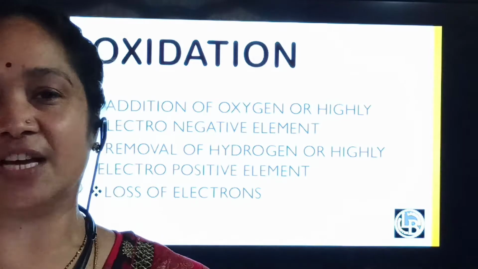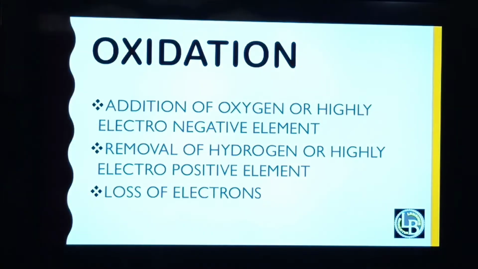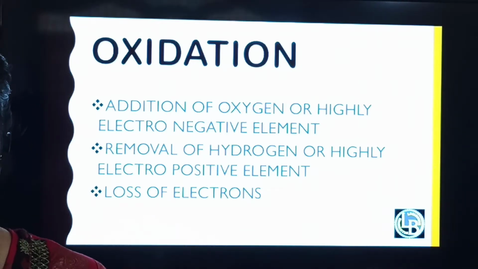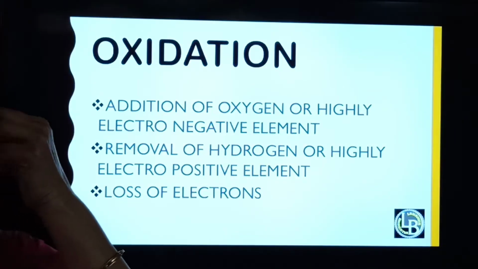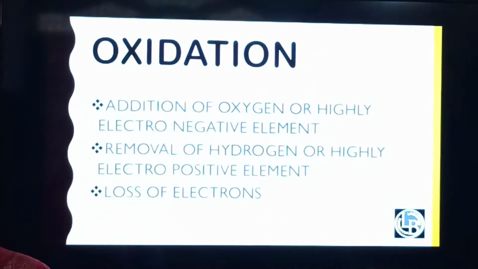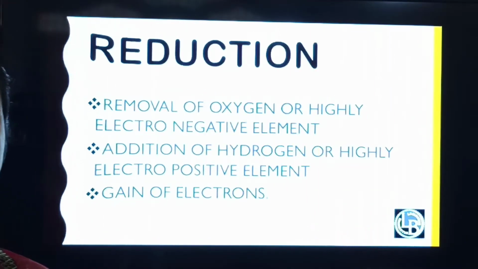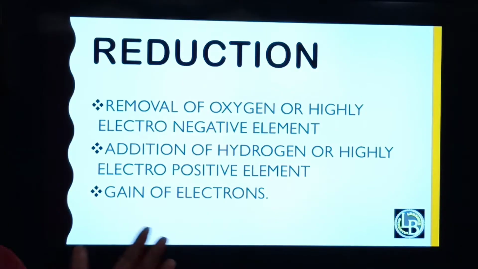Oxidation has three definitions. You can see on the screen: addition of oxygen or a highly electronegative element like oxygen or chlorine or any other electronegative element; or removal of hydrogen or a highly electropositive element like hydrogen; and the third definition is loss of electrons. Coming to the next one, reduction, vice versa.